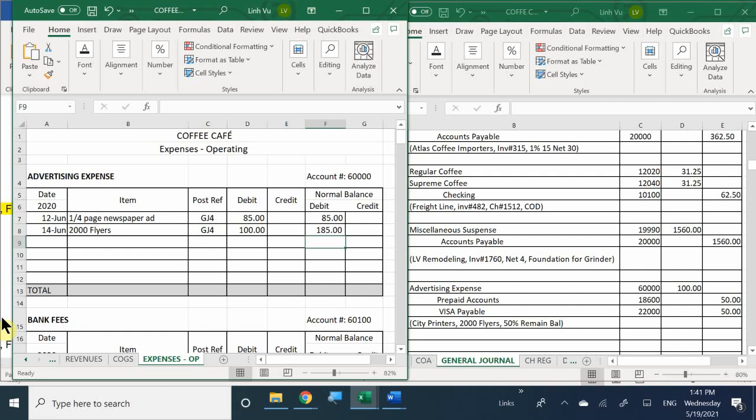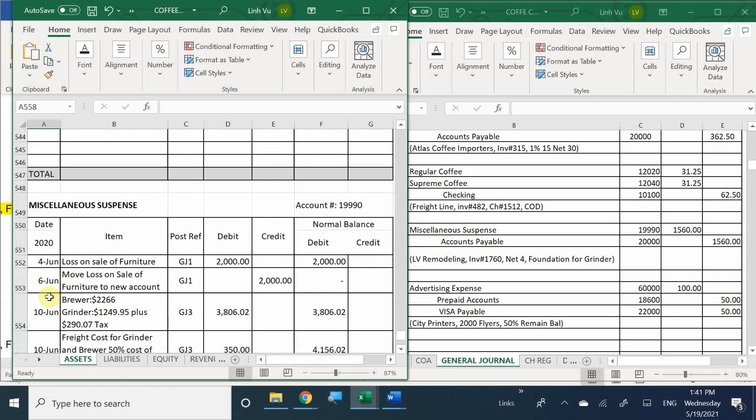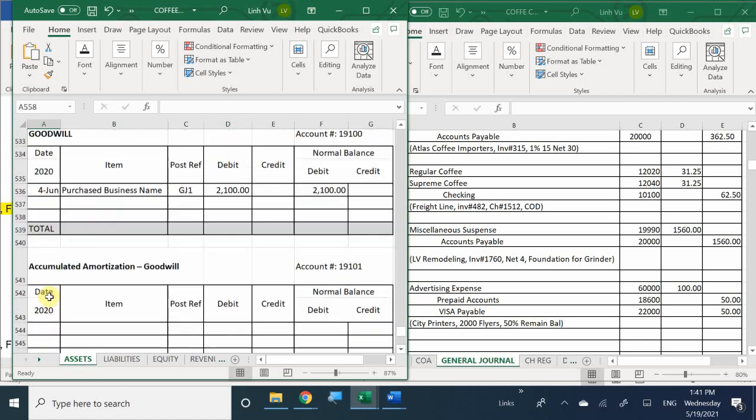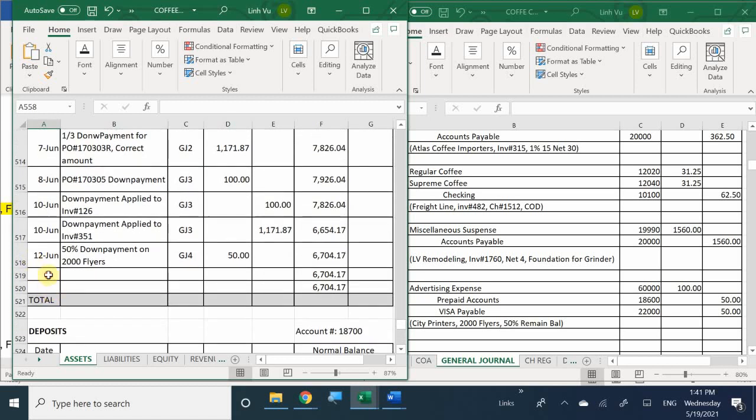So that was that one. Now we have to visit our prepaid accounts, because this time we're redeeming our voucher, applying it to our actual bill. Here I am under prepaid. As you can see, we have the 50% down payment on 2,000 flyers.